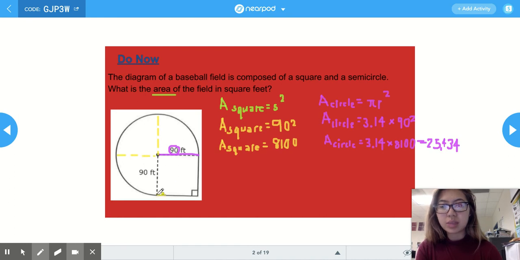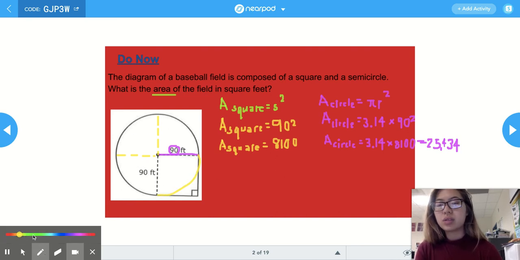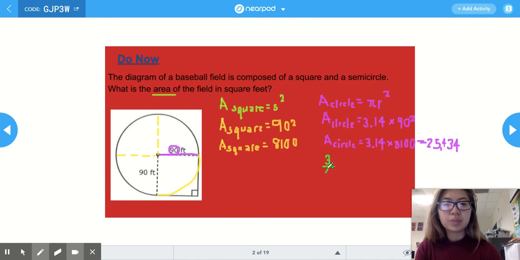And so if I were to break it up, and let's say this part was a full circle right here, I could see that it's 3/4 of a circle. So to find the area of 3/4 of a circle, I'm going to have to multiply 3/4 times the area of a full circle. So that's going to be 3/4 times 25,434.